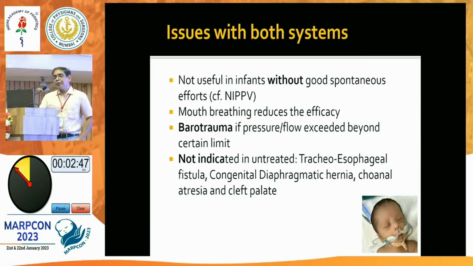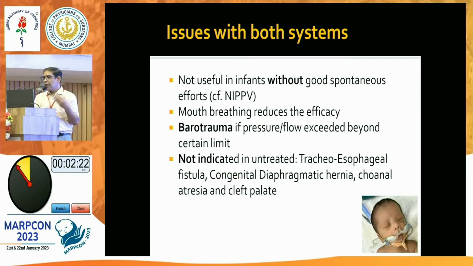Now, coming to the issues of both systems. We can't use both systems if babies don't have good spontaneous efforts. For CPAP and HFNC to be successful, babies have to have good spontaneous efforts. Modes such as NIPPV, which is a recent mode, you can use even in babies who don't have great spontaneous efforts.